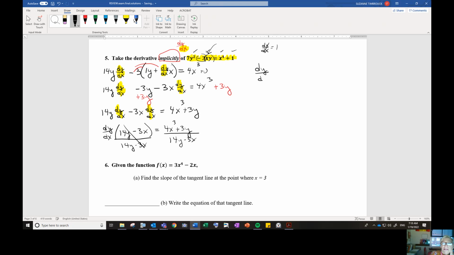So your final answer, which is the derivative of y with respect to x, is 4x cubed plus 3y over 14y minus 3x.